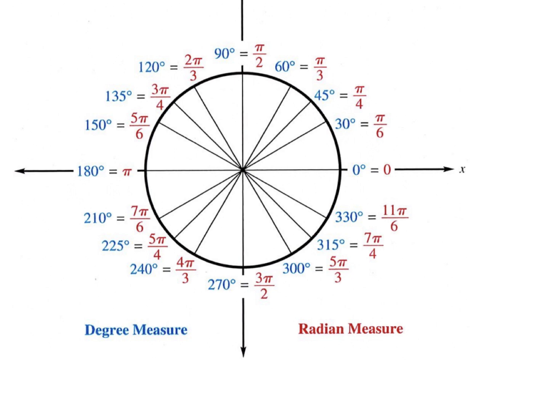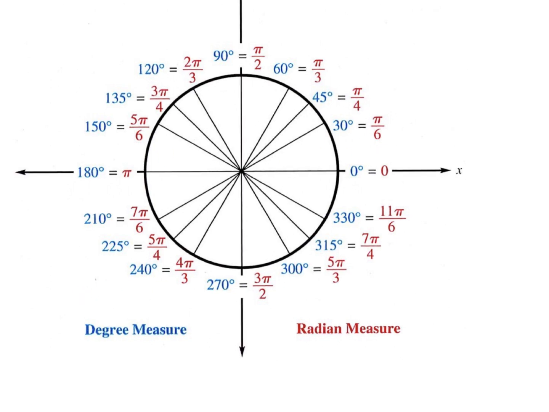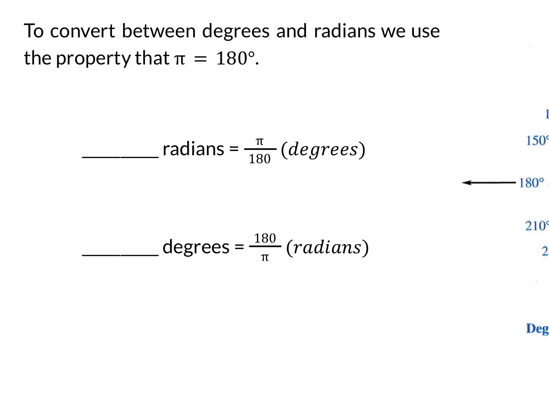Pi, in terms of, like, evaluate pi, that's 3.1415, all this stuff, but in terms of degrees, pi and 180 are the same. So to change between degrees and radians, we're either going to multiply by pi over 180 to get a radian, or we're going to multiply by 180 divided by pi to get something in degrees, okay?